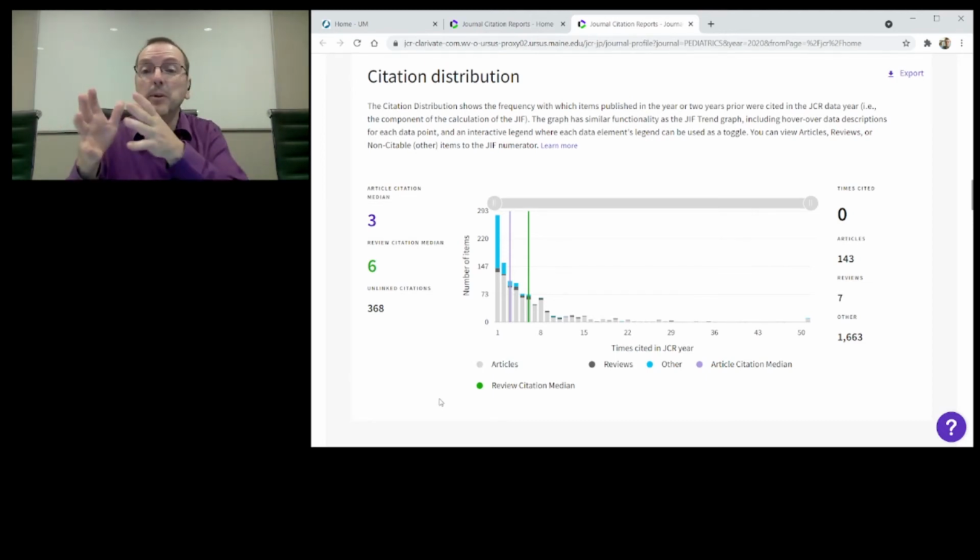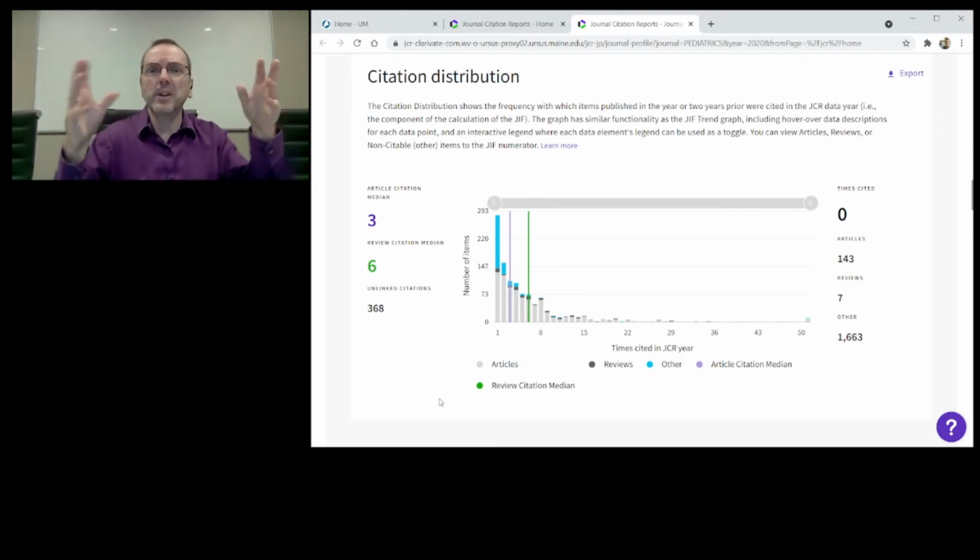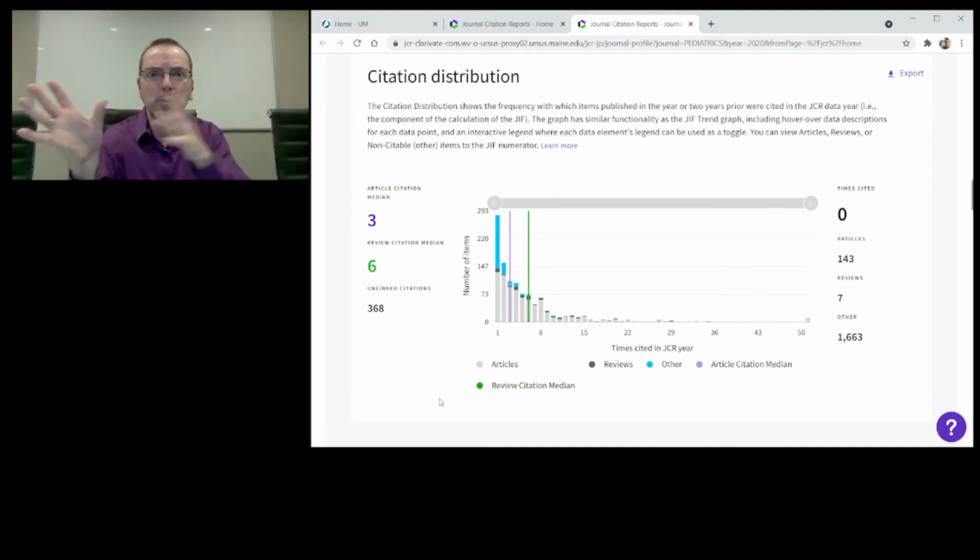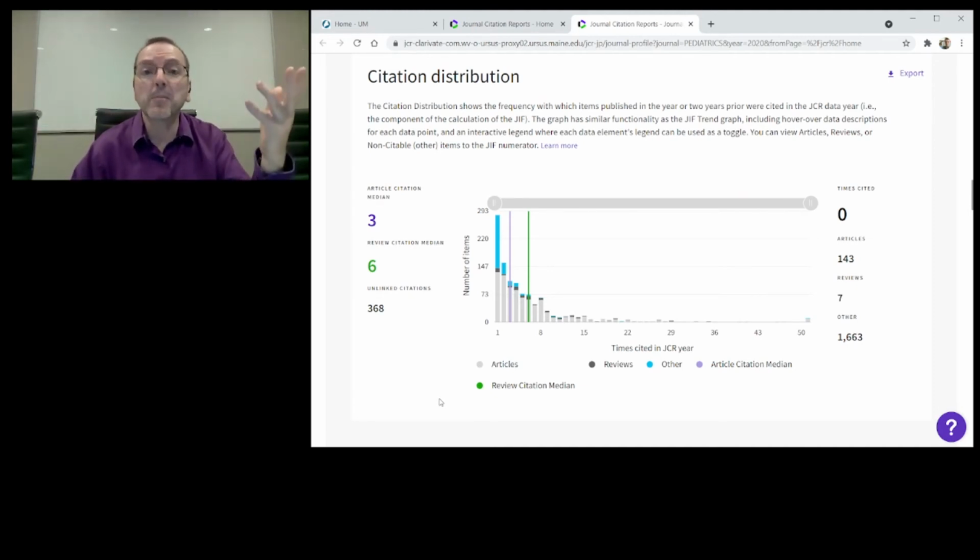Is it a research article? Is it a review article that's reviewing the literature rather than doing empirical research, or is it something else? So we can, for example, let's pick a number here. We'll look at 8, right? It's very interactive, very, very cool.